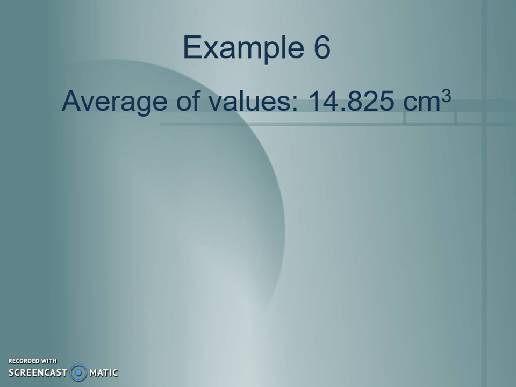Find the percent difference of her results. So first we have to find the average of the values. So it's given to us here in the example. To find that average, we would have just taken the first value, which was 15.64, plus the second value, which was 14.01, and divided by 2. And we get this, 14.825. That's the average.